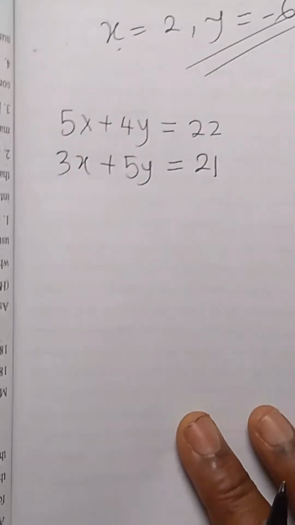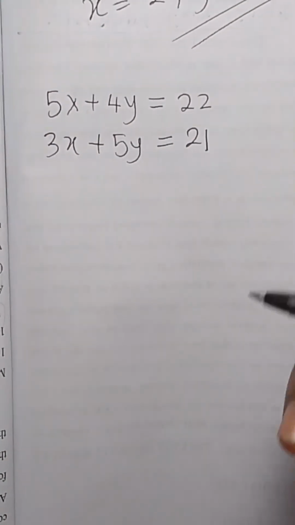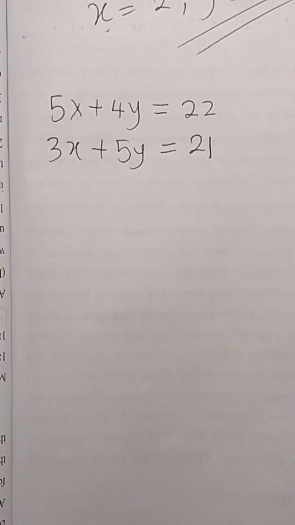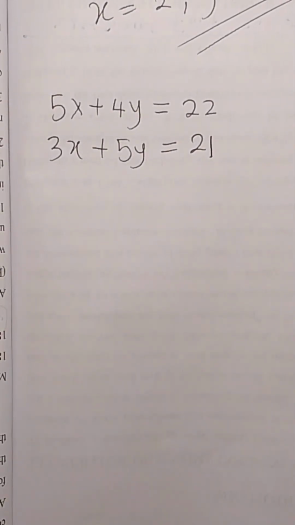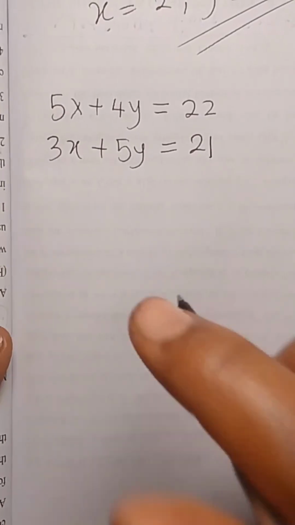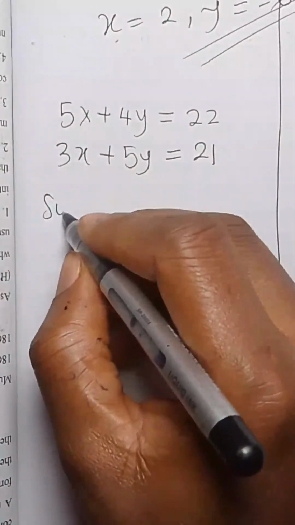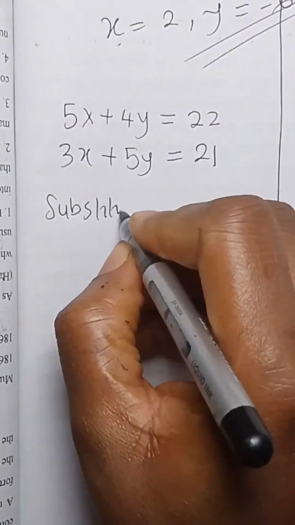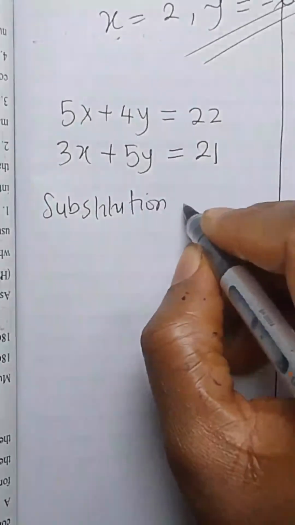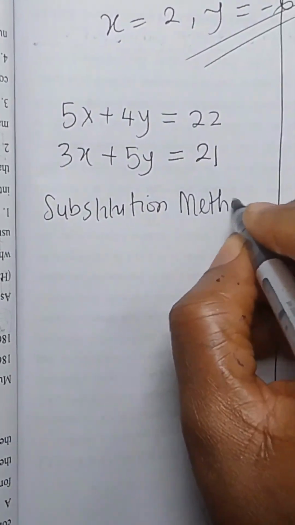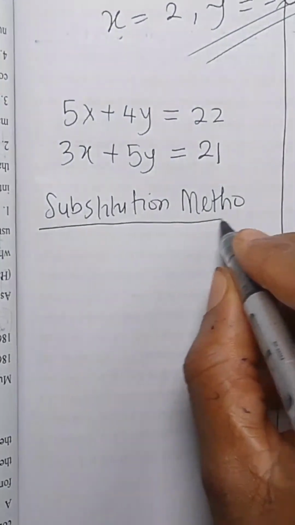So this is what we are going to solve next. Now remember, we are learning simultaneous equations using the substitution method and the elimination method. So you are going to solve this using the substitution method. After solving with this method, we'll do the elimination method.